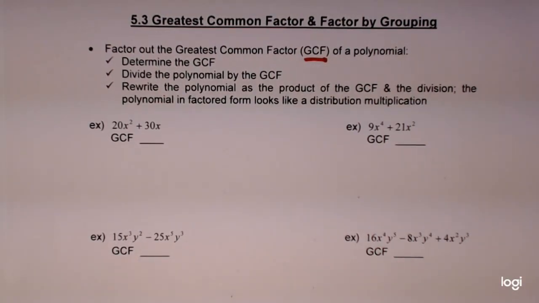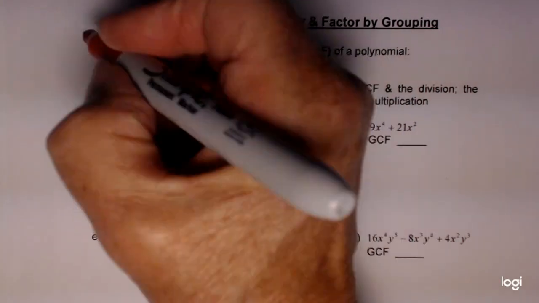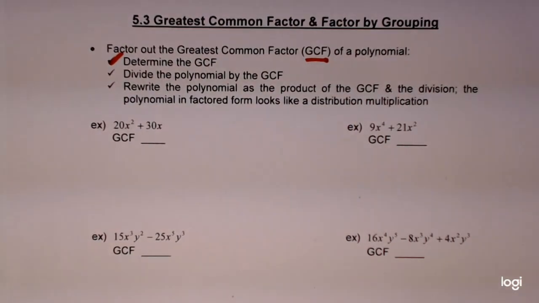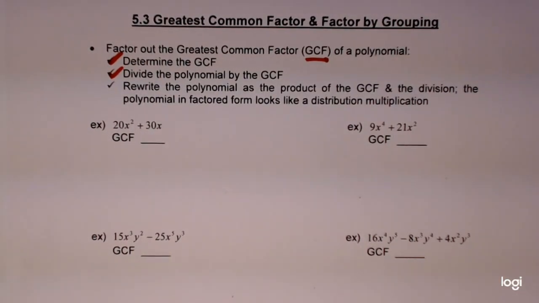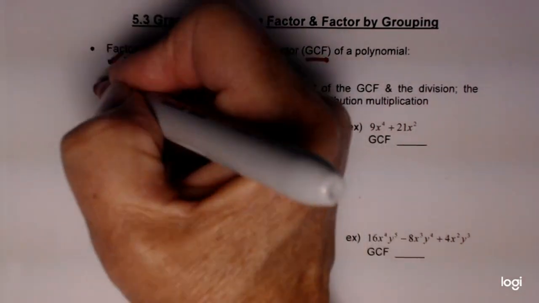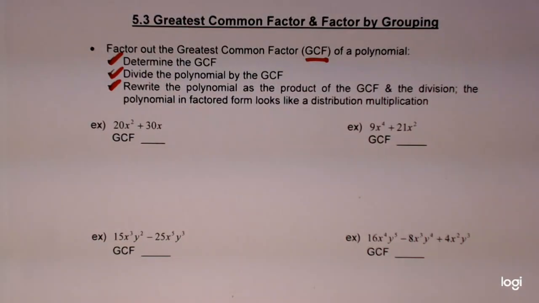So the approach we're going to take is first we have to figure out what the greatest common factor is. Next, we're going to do a division where we're actually going to pull out or divide out the greatest common factor from the terms of our polynomial. And then lastly, we rewrite our answer, which is going to be the product of the GCF and what we have left after the division.